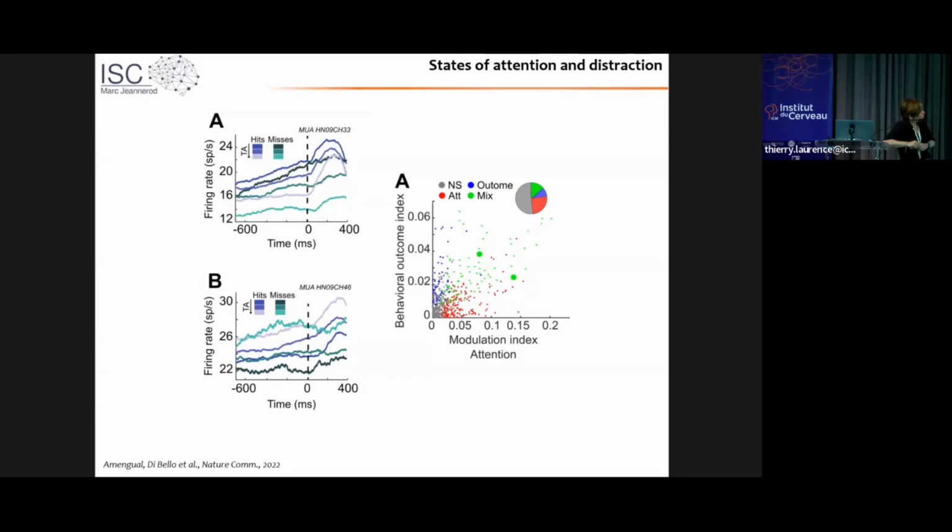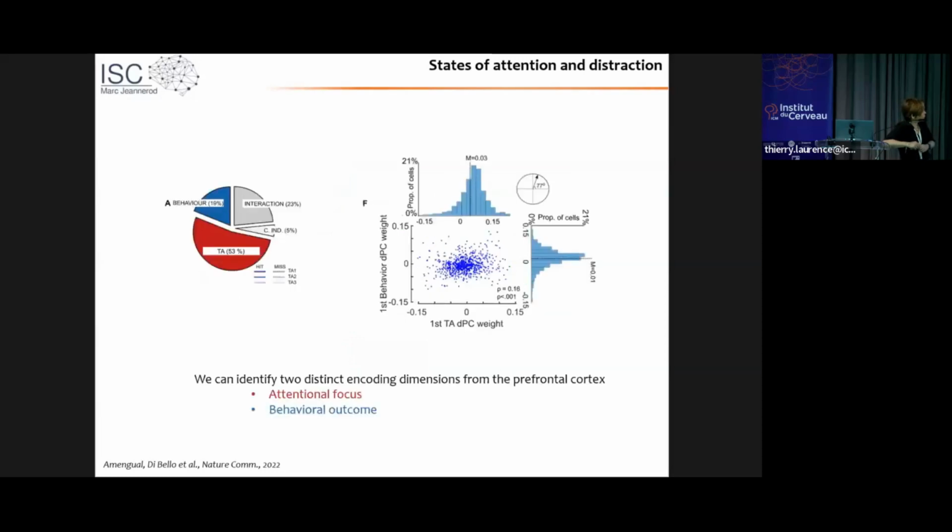In green, what I'm plotting is the cells that have a mixed selectivity, meaning the cells that encode both attention and behavioral outcome. And you see that there is a fair proportion of these cells. So the question is, how are these two variables represented at the neuronal population in the prefrontal cortex?